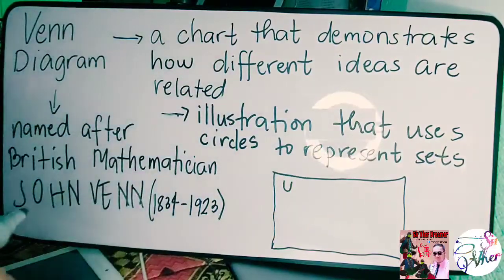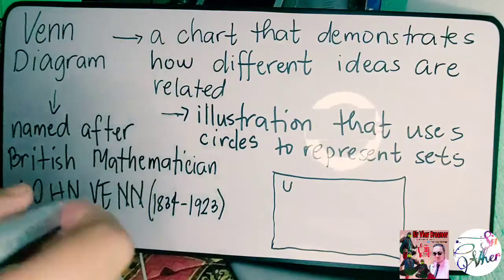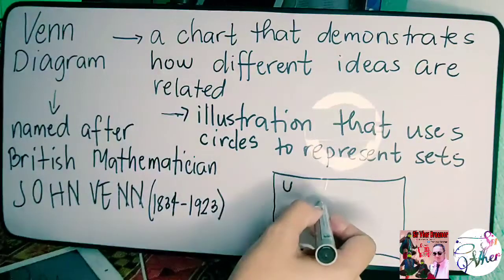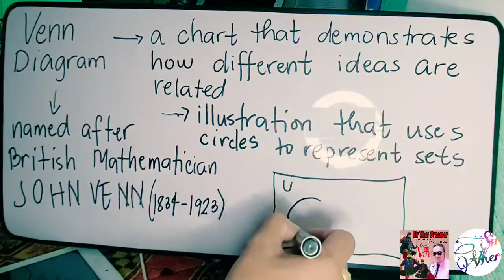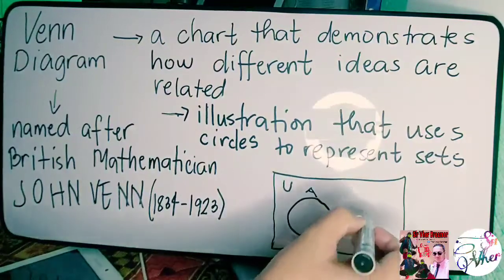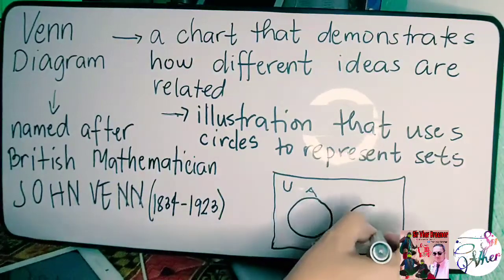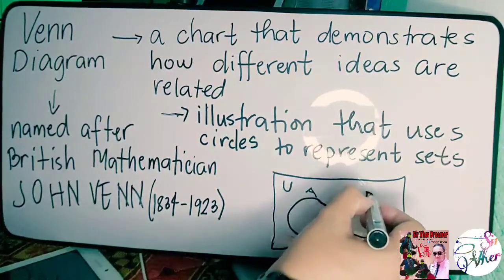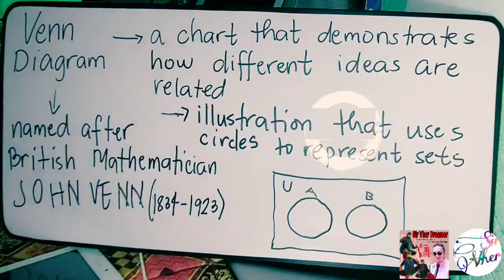Later on, we will define it one by one. We have this one circle to represent set A, and another circle to represent set B. So, from the definition, a Venn diagram is an illustration that uses circles to represent sets. Okay, did you get it? Let's proceed to the next.